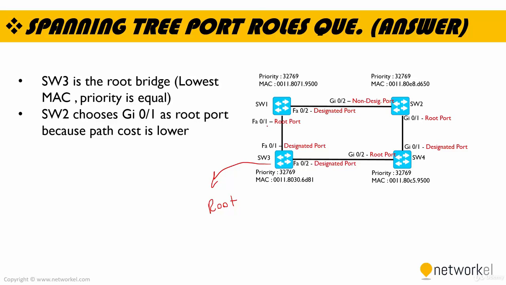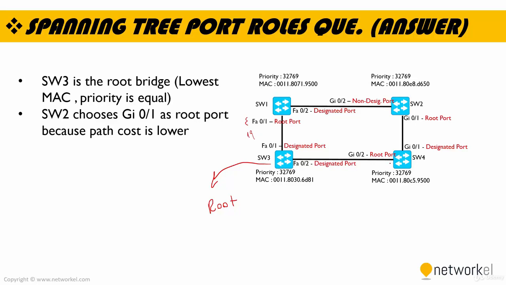Here we have a fast Ethernet path to get here, which means my cost is just 19. But if I want to get from this way, I need to pass fast, giga, giga, and fast Ethernet, which means a higher cost value for me, and this is the root port for switch 1.